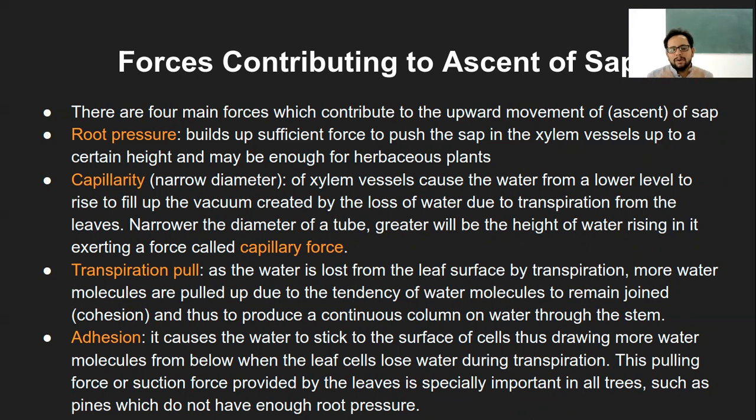So the water molecules attract each other, so there is a continuous stream. And the adhesion, that is the attraction between the surface cells of the xylem or of the plant tissue with the water, that is the adhesive force, which allows more water movement.